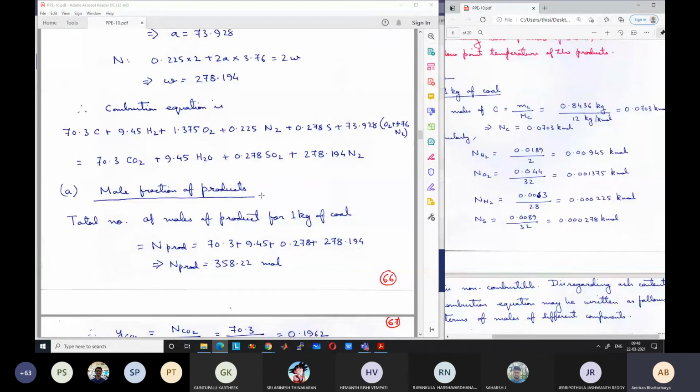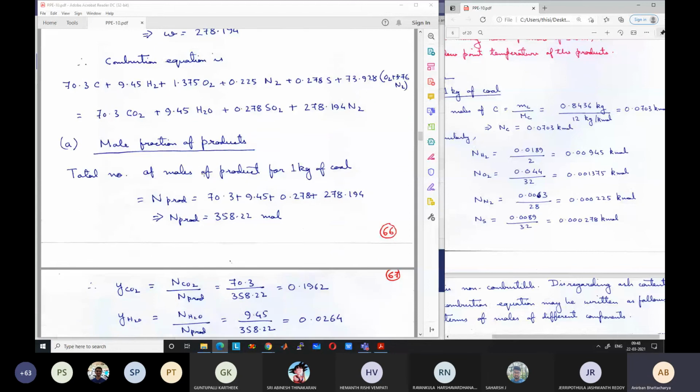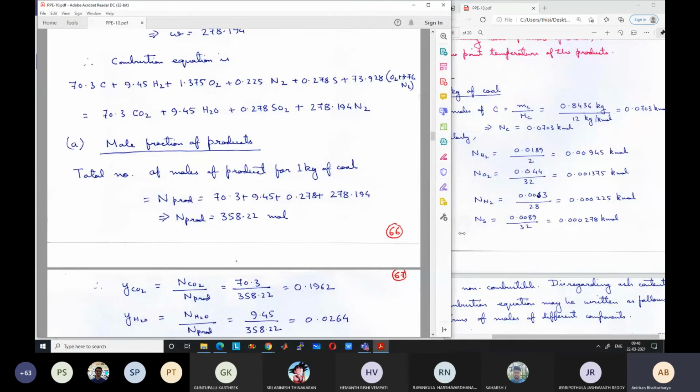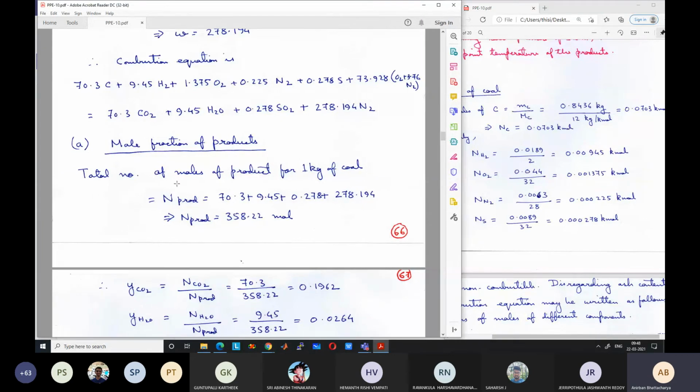So now to calculate the moles. Once we have the reaction, it is very easy. The total number of moles of product for 1 kg of coal is 70.3 plus 9.45 plus 0.278 plus 278.194.